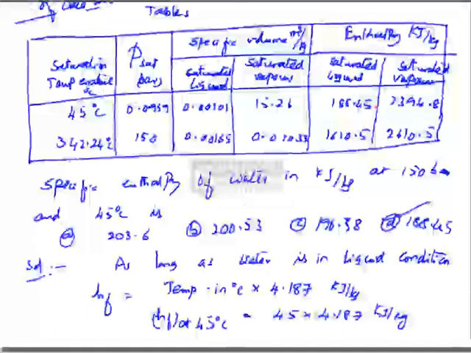And if you multiply the second row, that is saturation temperature 342.24, into 4.187, that should be 1610.5 kilojoule per kg. So the saturated liquid enthalpy of water at 45 degrees centigrade is 188.45 kilojoule per kg. That's the answer. Answer is D.